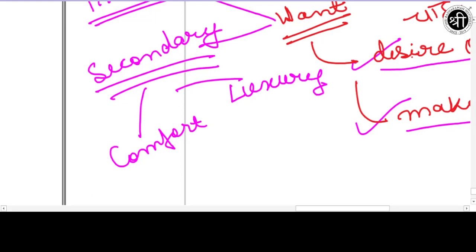But if you have electricity, then life will be a bit easier for you. So the house is your primary want and electricity is the secondary want, but this electricity comes under the comfort head. Why? Because it is not strictly necessary, but it will make your life more comfortable.